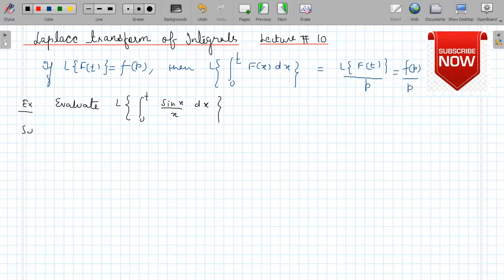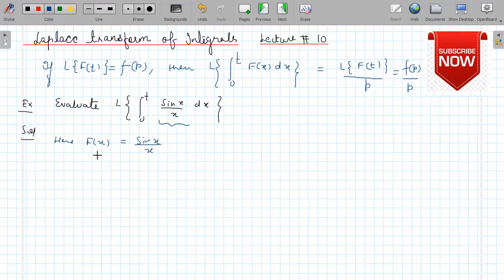So we solve this. This whole is treated as f(x). What is given to us as f(x)? Here f(x) is given to us as sin x upon x.